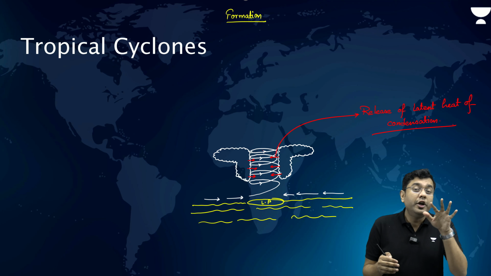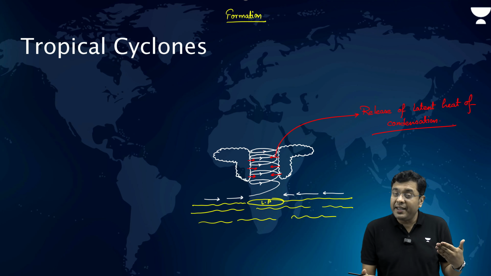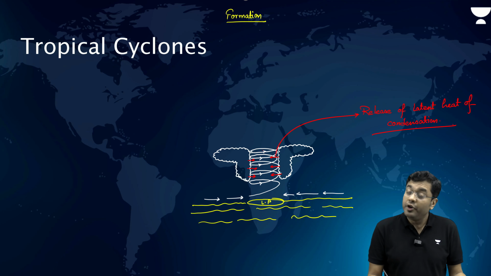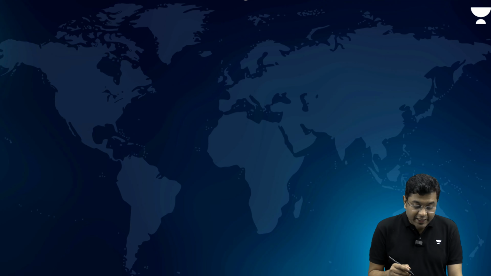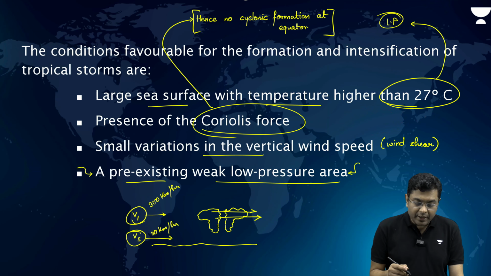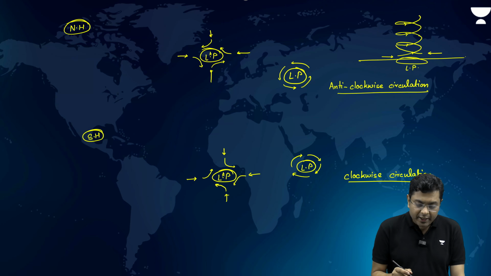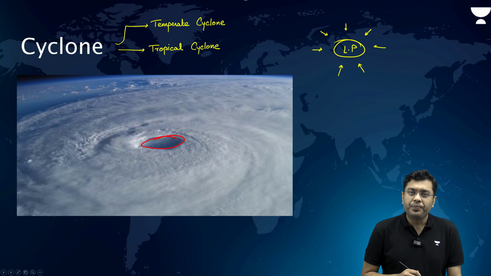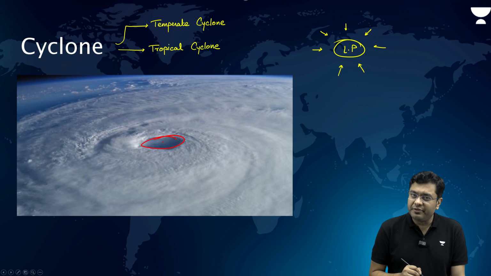For condensation, you need cooling impact. But here, the temperature is higher. So you will have no cloud formation here. That is why the cyclones give you the appearance that you see here. In the image that we had seen, observe the central portion. It is free of the cloud cover.